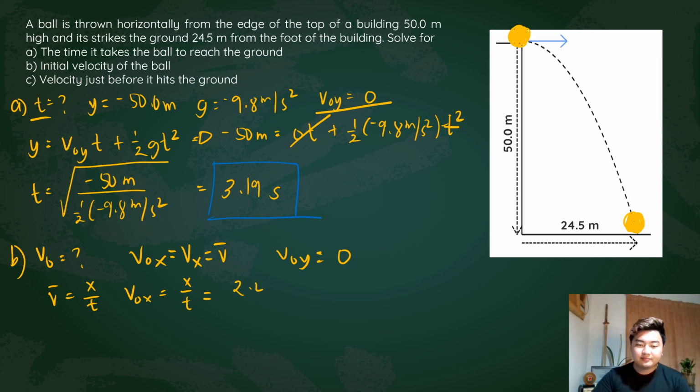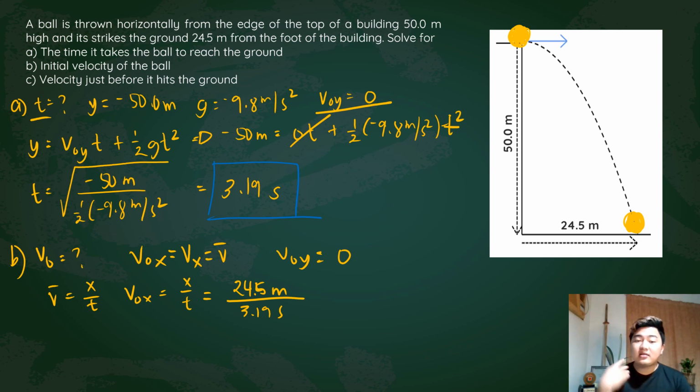And we know that your x is 24.5 meters. As you can see here, 24.5 meters divided by the time. Remember again as well that the time it requires for an object to cover its displacement along the y-axis will also be the same time the object requires to cover the x-axis.